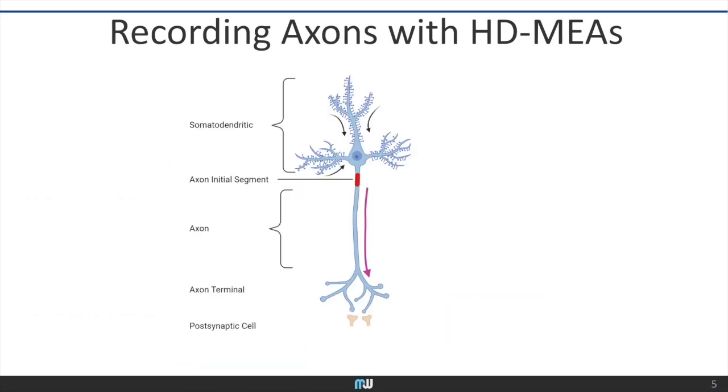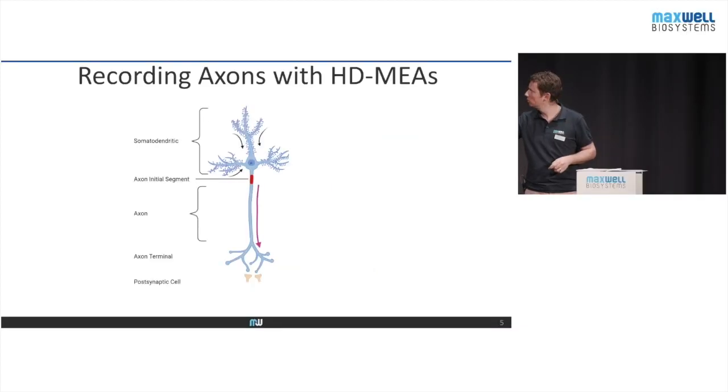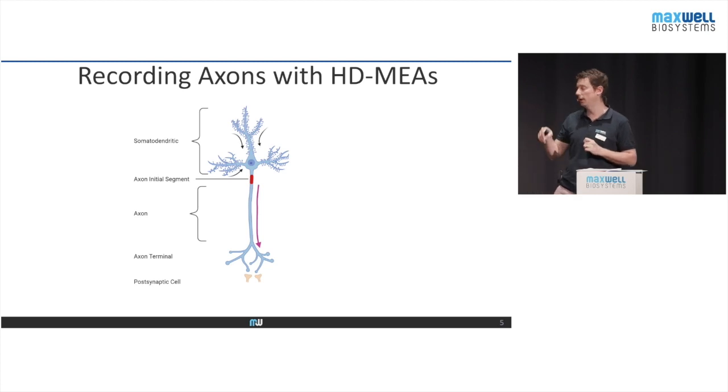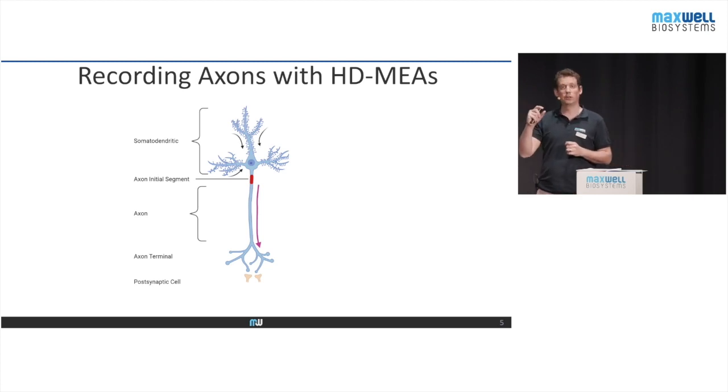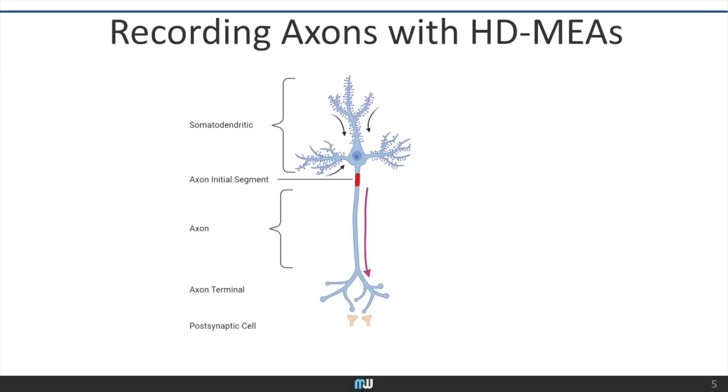Now I would like to take a closer look at what type of signals we are actually recording with the microelectrode array. If we have the representation of a standard neuron, we have the somatodendritic area at the top. We have the axon initial segment with a high concentration of ion channels.